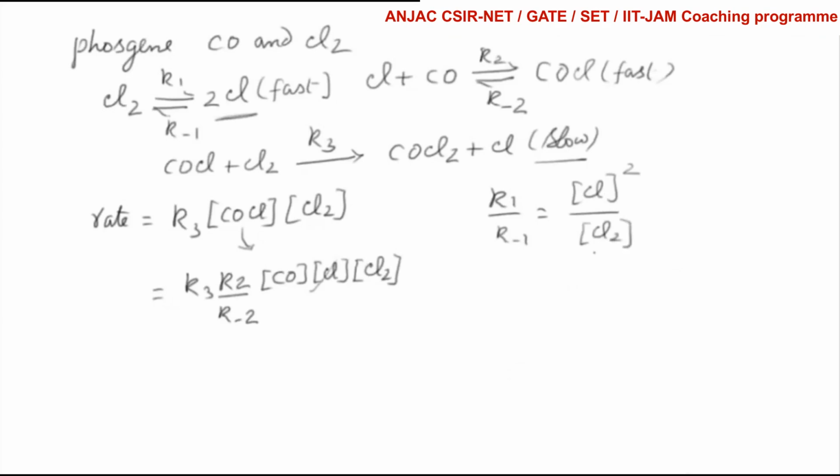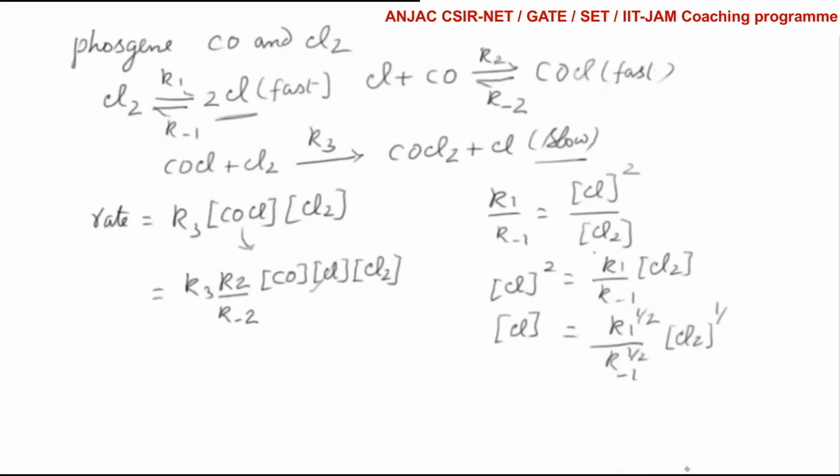Therefore, concentration of chlorine atom square is equal to K1 by K minus 1 into concentration of chlorine molecule. Here only chlorine atom is there, so take the square root: K1 power half, K minus 1 power half, and the chlorine concentration power half.